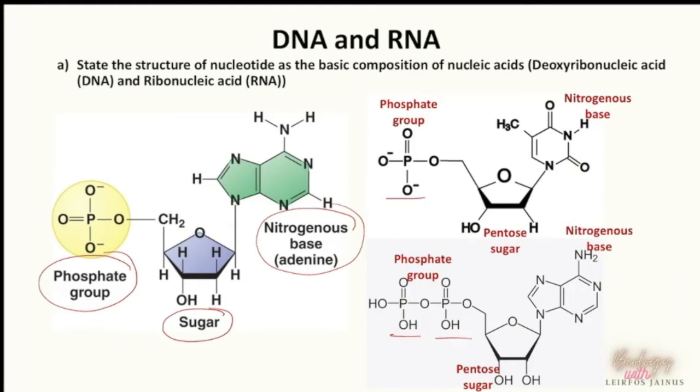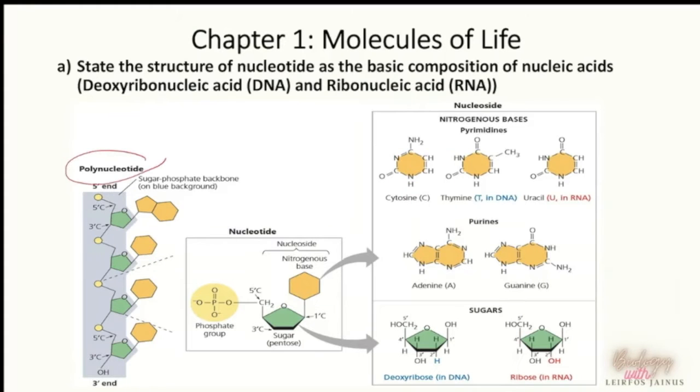Polynucleotides consist of nucleotides joined together by phosphodiester bonds, and the monomer of the polynucleotide is the nucleotide. The nucleotide consists of a phosphate group and a nucleoside. A nucleoside consists of a nitrogenous base and a sugar.